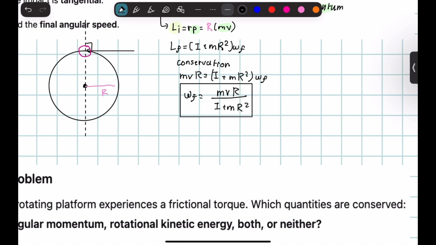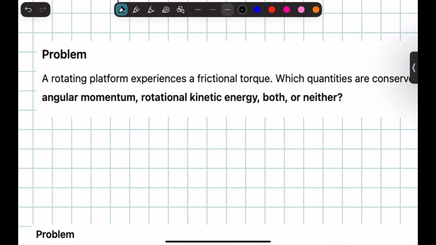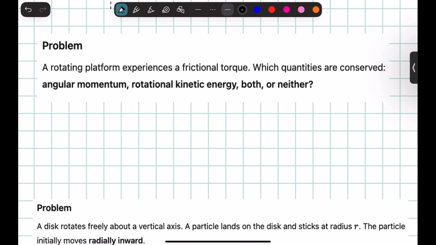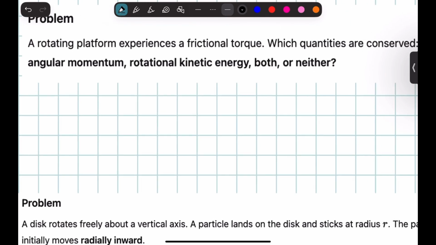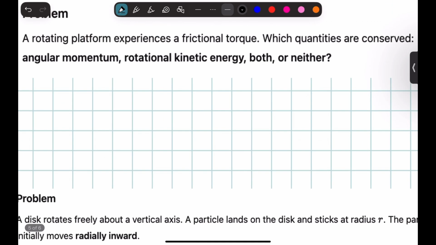Okay, now let's move on to our next problem. A rotating platform experiences a frictional torque. Which quantities are conserved? Angular momentum, rotational kinetic energy, both or neither? So what you need to know is how to identify external torque. Is there external torque? Well, we know friction provides the external torque.